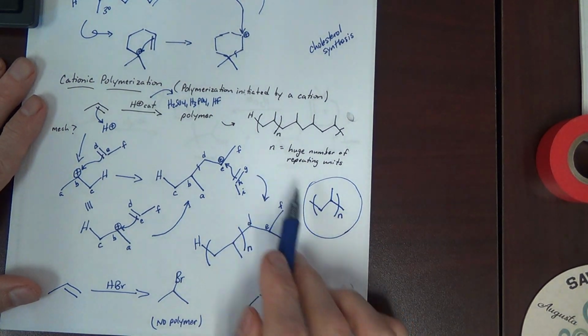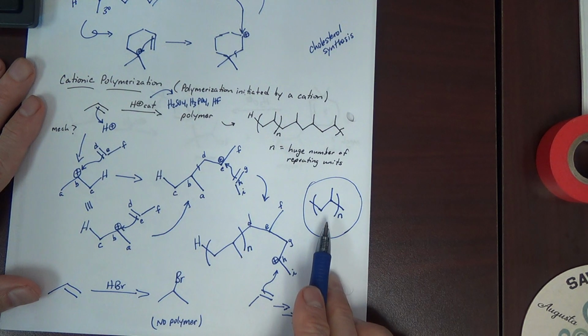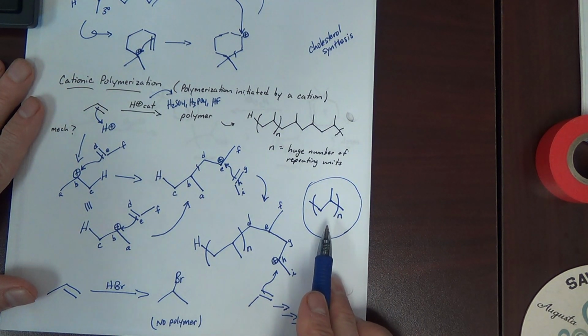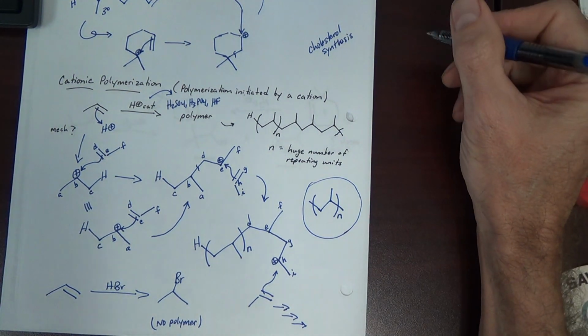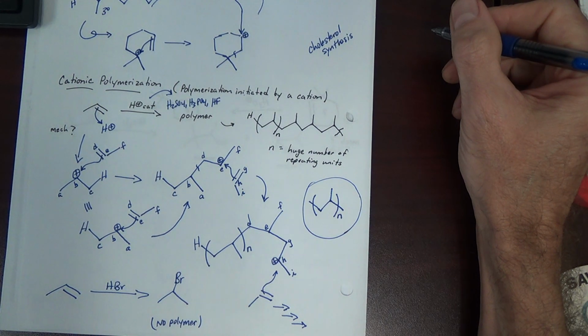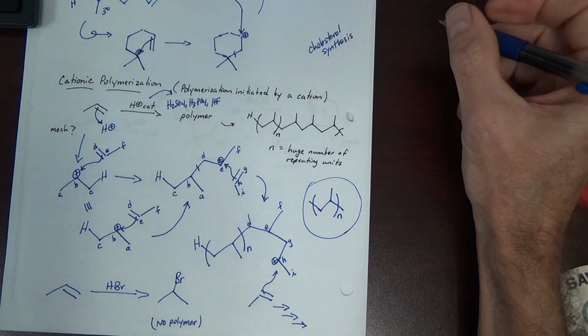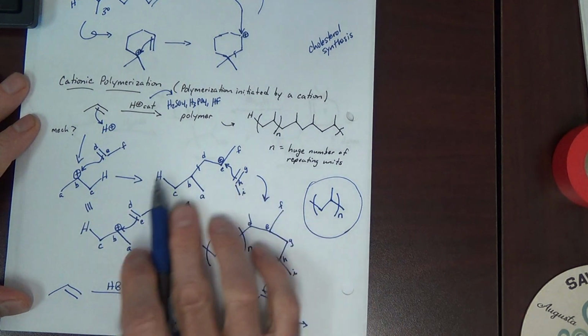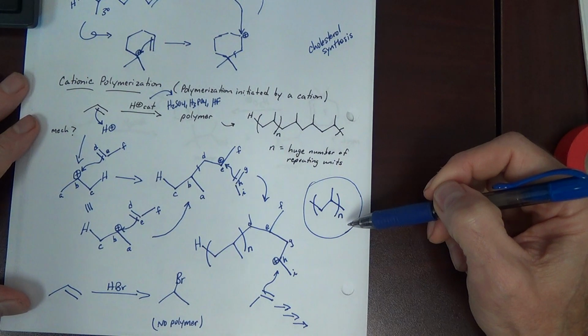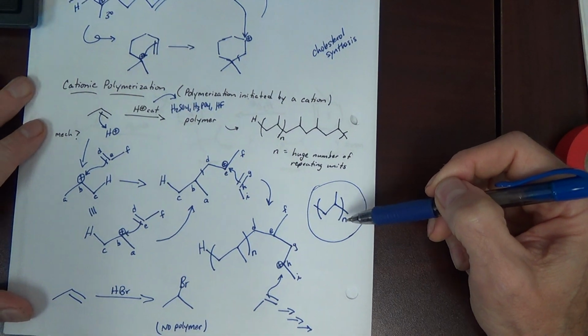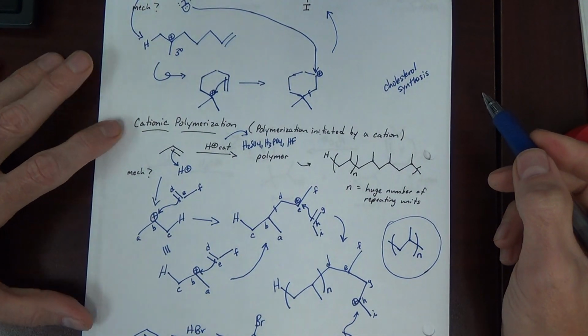Now, polymers tend to not be well defined in terms of finite structure. They're huge, long molecules. We do sometimes get rearrangements and other things. So there's a lot to polymer chemistry, but understanding up to this point is what we want to know now. And this is an example of a cationic polymerization.